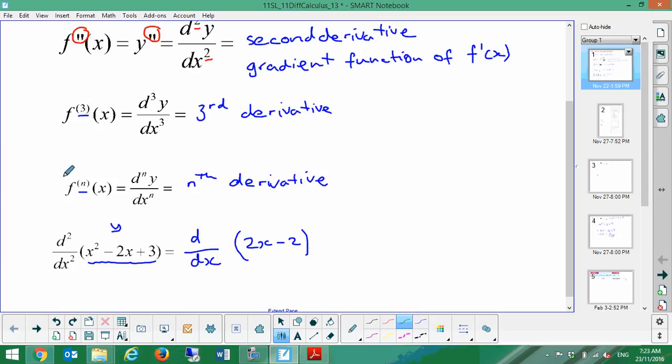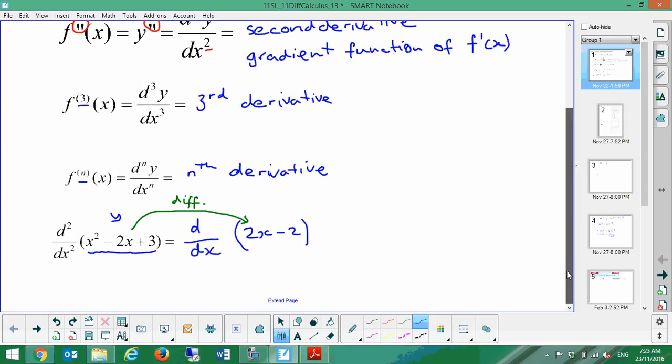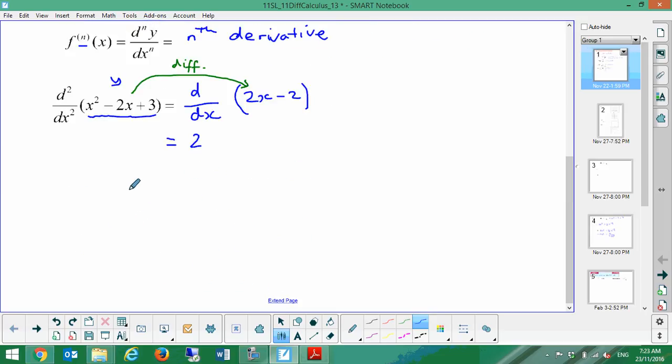So that's the derivative. Now we differentiate it again to get our second derivative. So the derivative of 2x minus 2 is simply 2. If we wanted the third derivative of our function y, then what's the derivative of 2? 0.